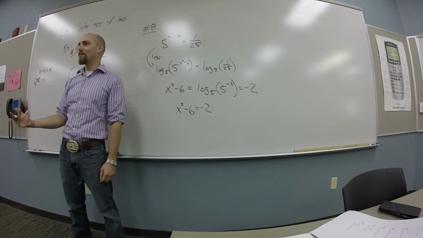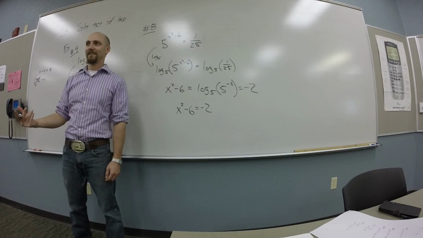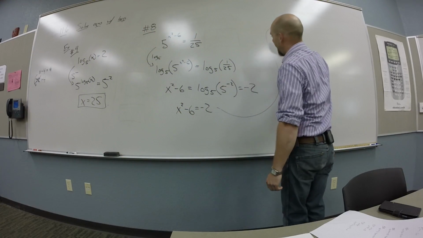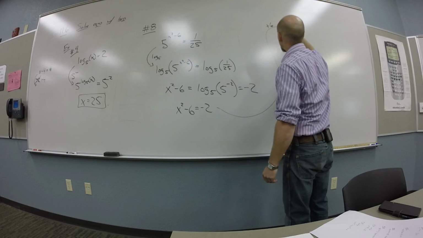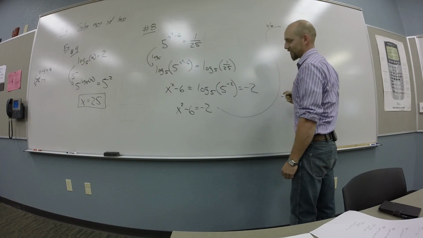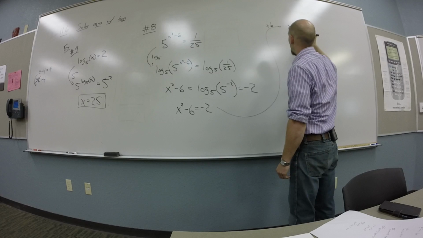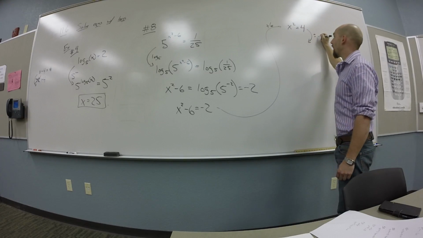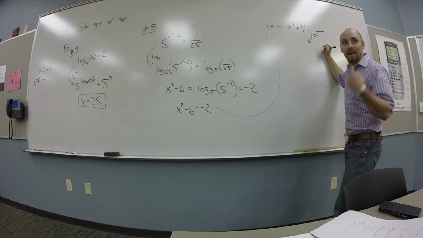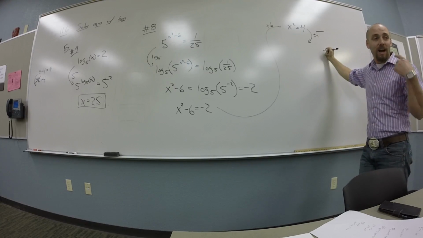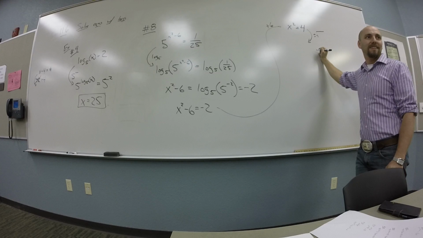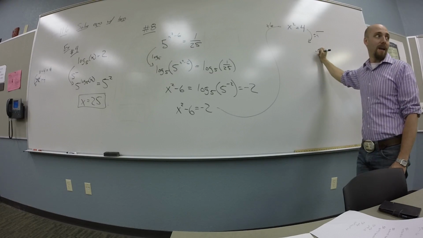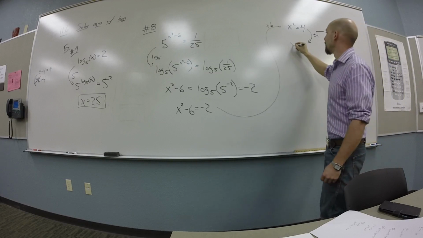Don't get caught up in one of the other methods. So take this step, add 6 to both sides. So I get x squared is 4, and then I plus or minus square root, right? And I need the plus or minus because of this. So what do I get? You're going to get plus or minus 2. Yeah, x is plus or minus 2.